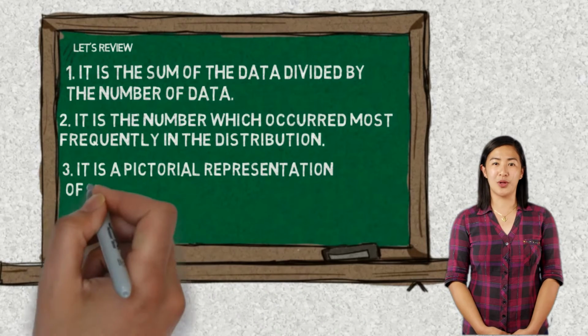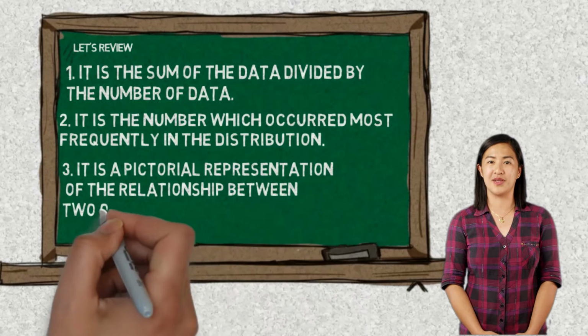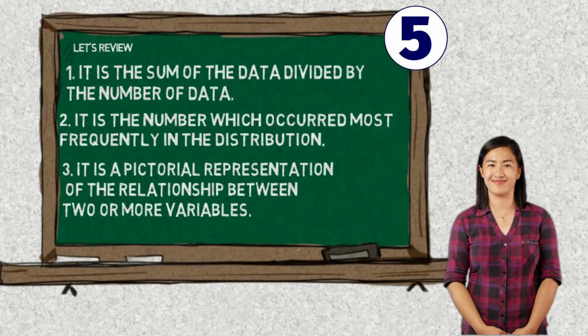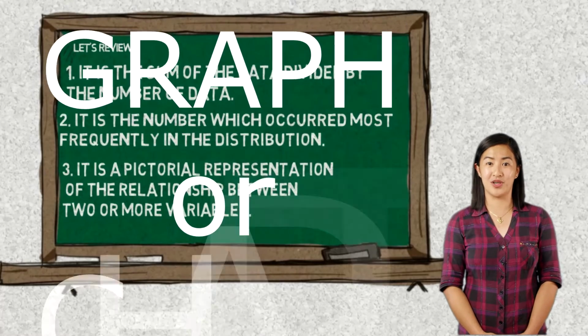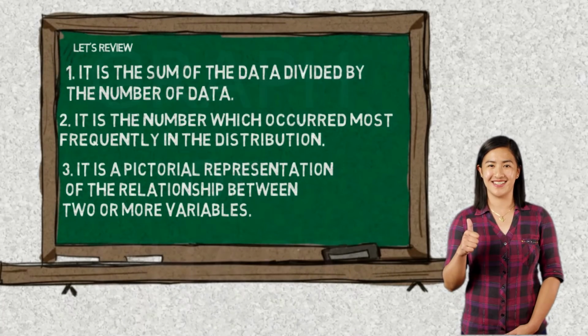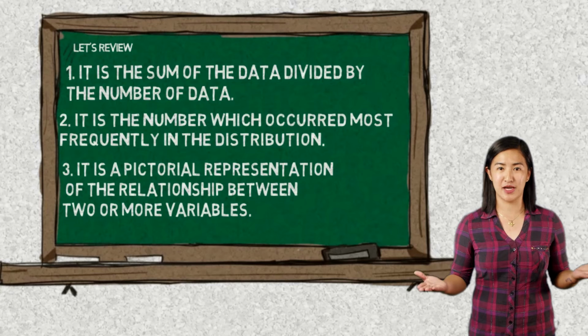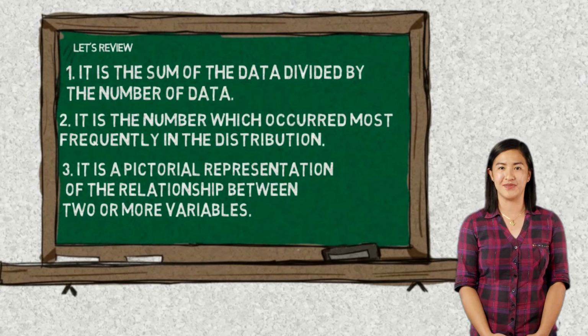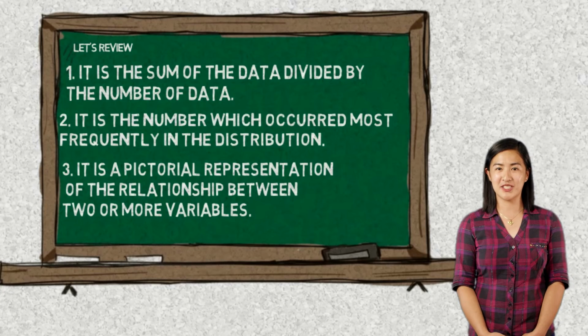It is a pictorial representation of the relationship between two or more variables. It's graph or chart. Great! These are just some of the basic concepts of statistics we learned earlier. Let's go and continue exploring the world of statistics.